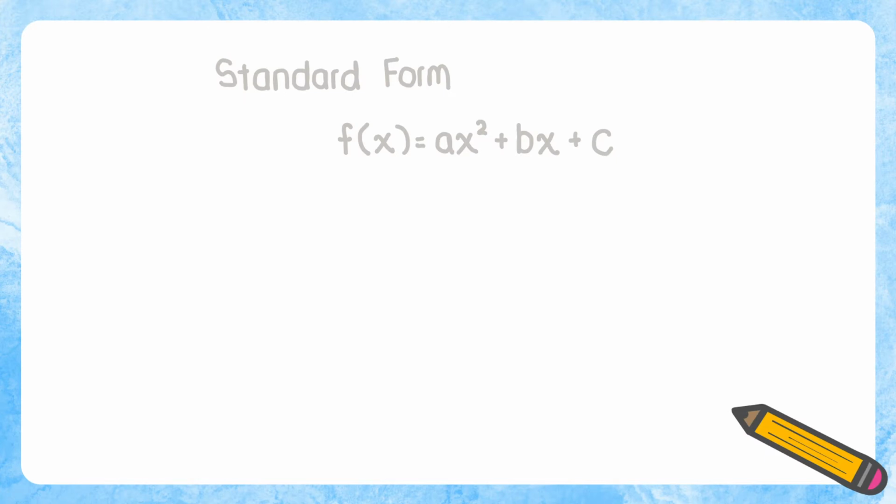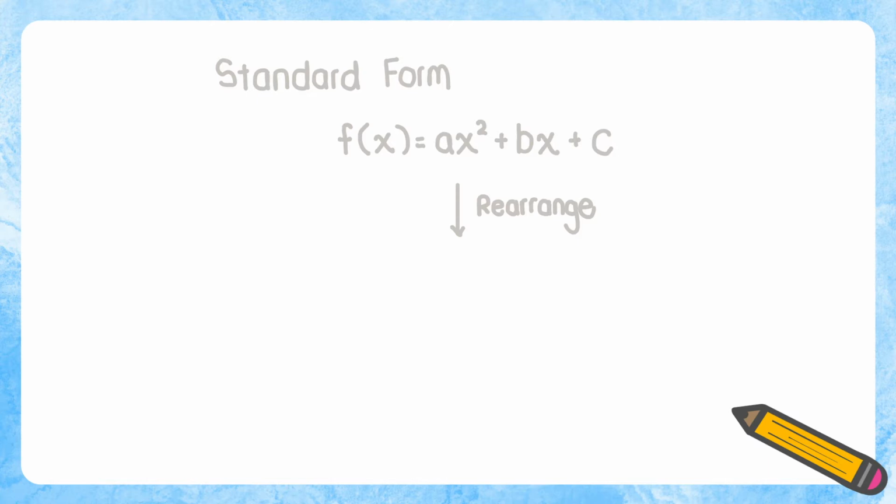For the past few lessons, we focused on quadratic functions written in standard form, where f of x equals ax squared plus bx plus c. Today, we're going to rearrange this and write it in vertex form.